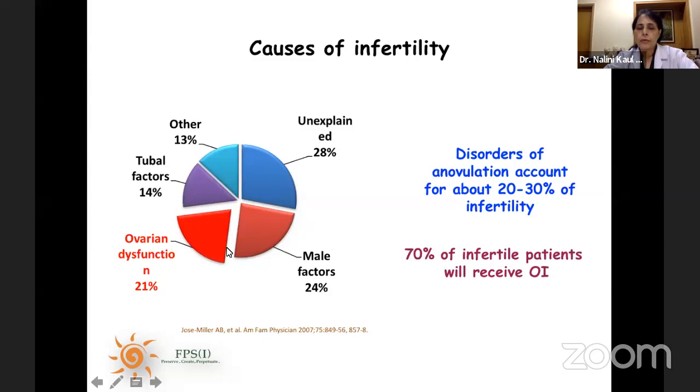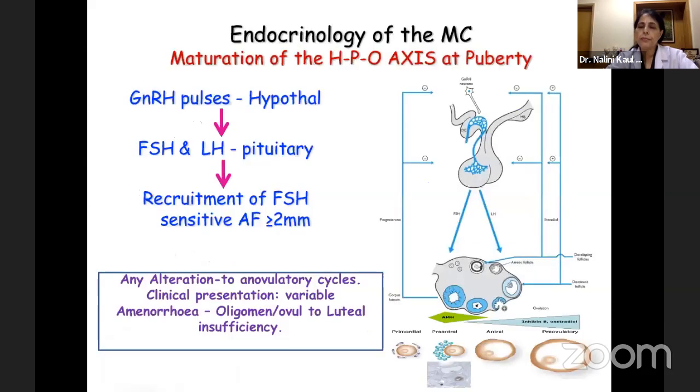And then we use ovulation induction in IUI as a first-line treatment for unexplained infertility and for male infertility. So more than about 70% of infertile patients are going to receive ovulation induction in some form or the other. Therefore, it's really very important to understand the endocrinology of the menstrual cycle and how to use these drugs, because they are going to impact your hypothalamo-pituitary ovarian axis.